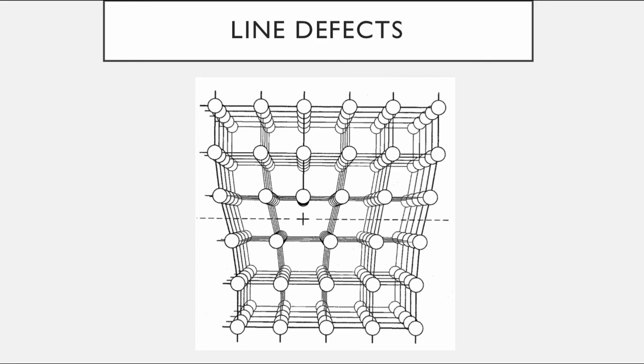So here's a nice, neat lattice, but it's missing an entire line of atoms in the bottom half. This is called a line defect. We can see in the upper half, the lines of atoms are going to be compressed. They're being squished to try to fit in the same space, and they don't quite even make it. And then the lines in the bottom half are being pulled outward to try to align with the upper halves.